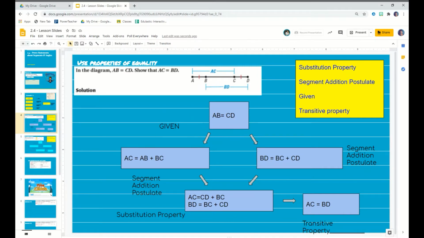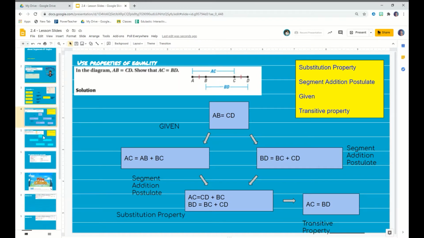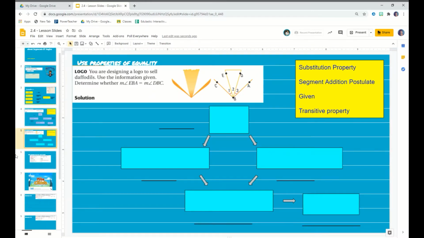So I'm going to substitute into one of my equations. So instead of angle 3, I'm going to put angle 1. And I'm not going to change my second equation. So again, I use substitution here.